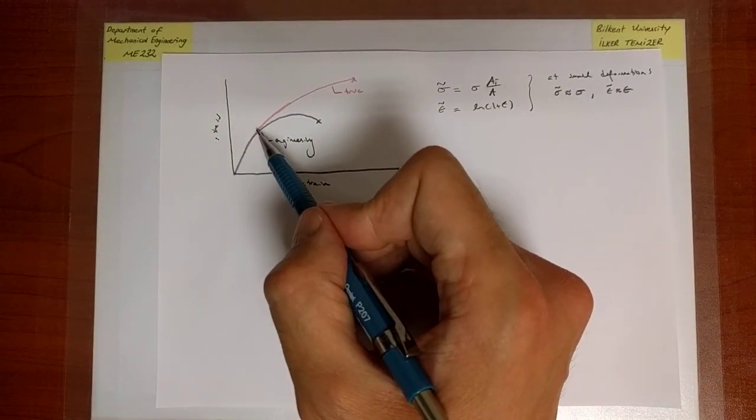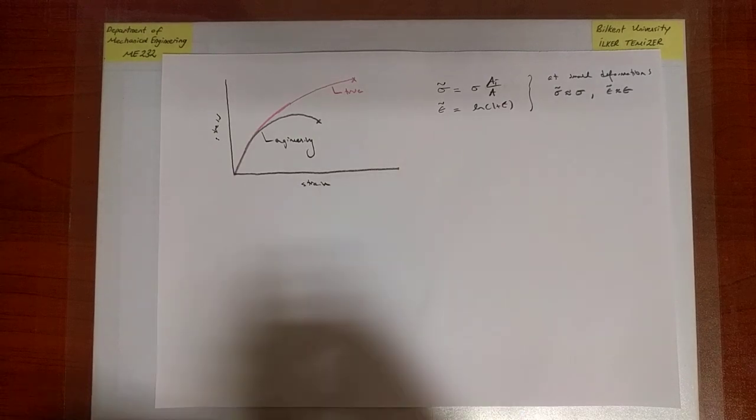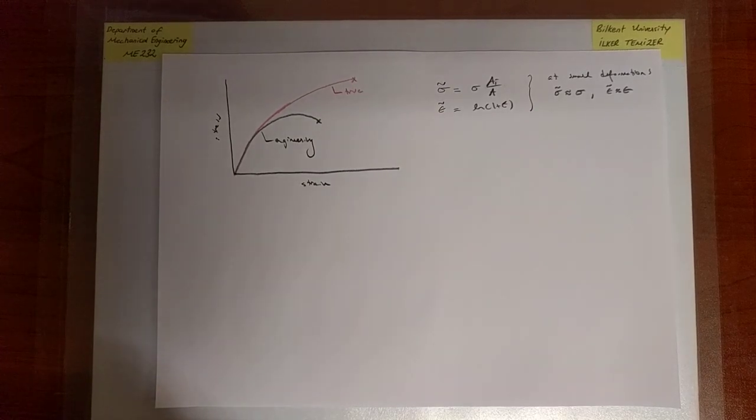But even into some portion of the stress-strain curve within the plastic zone, the two curves can be quite close to one another. So when deformations are small, the two curves are not easily distinguishable from each other. And we're going to make use of that information at various stages.